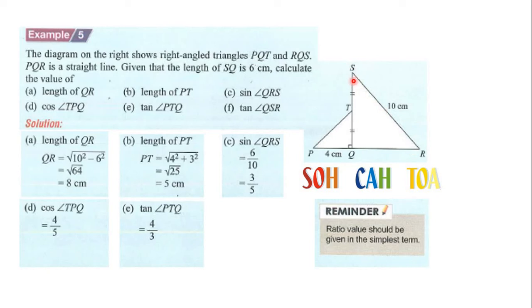So you refer at angle S. Tangent is opposite QR over SQ. Therefore, tangent QSR is 8 over 6. Then you simplify to 4 over 3.